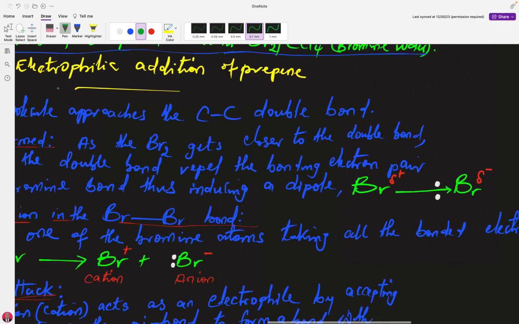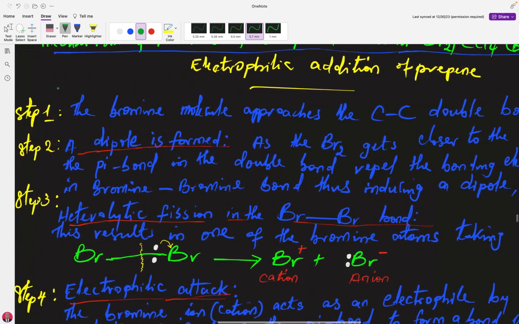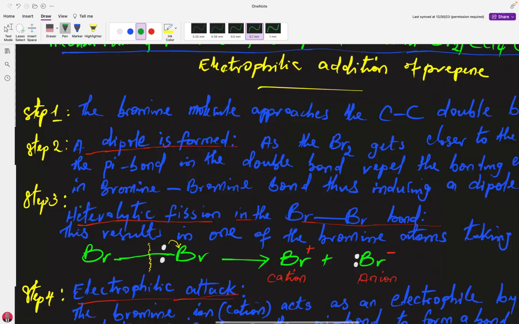Step number 3. What you need to state in step number 3 is heterolytic fission in the bromine-bromine bond. Full stop. Heterolytic fission means the division is unequal.